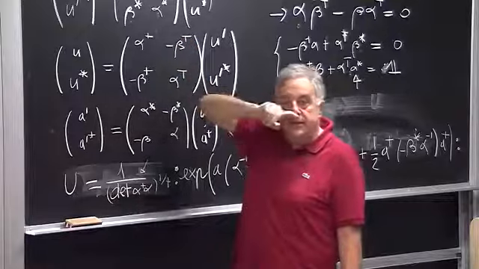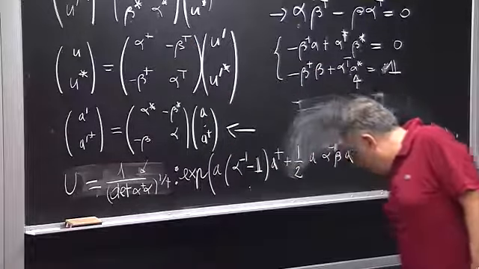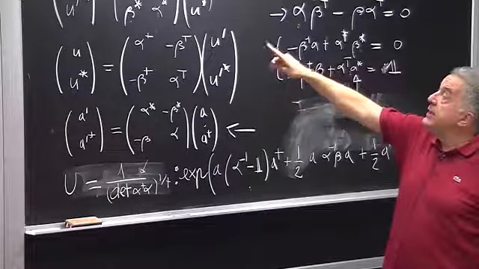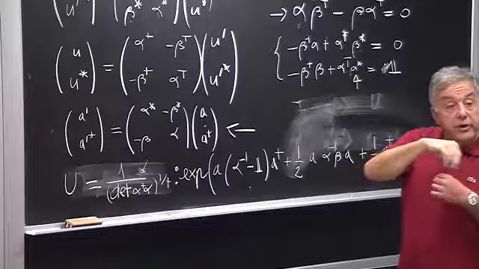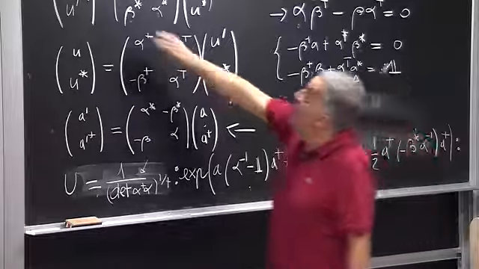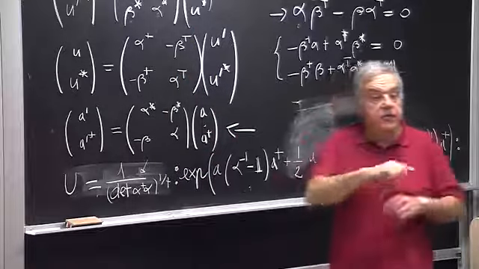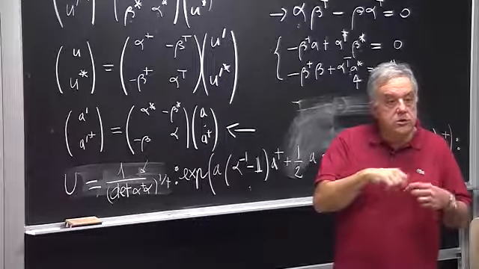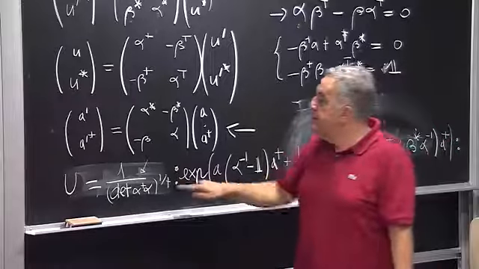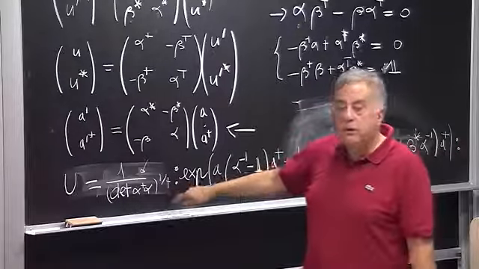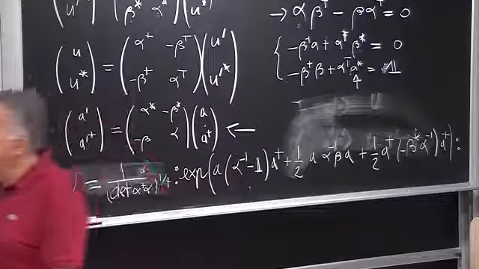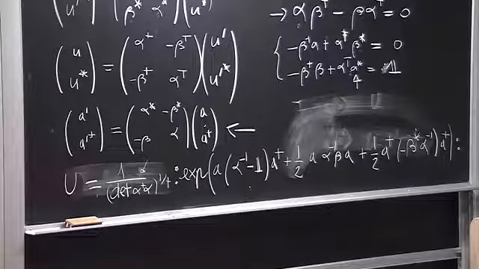This means that we are mixing creation and annihilation operators. If you just have the alpha matrix, the Bogoliubov transformation is not doing anything. It's just reshuffling the modes.